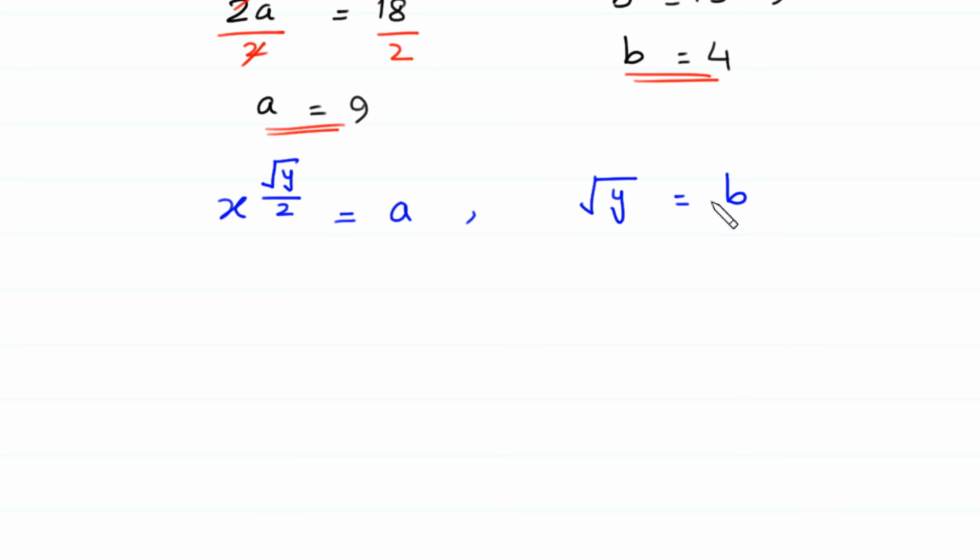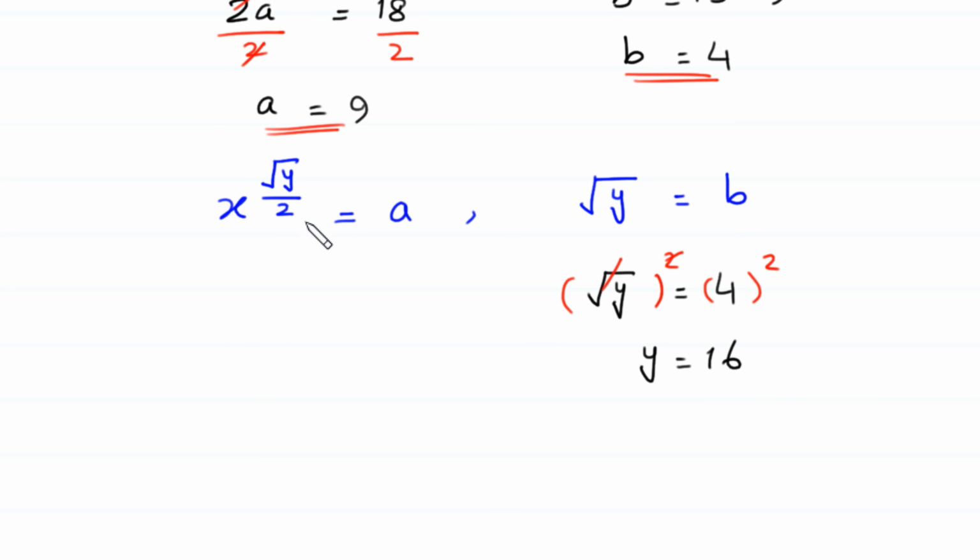First, in this equation we put the value of b, 4. Square root of y is equal to 4. Now to find the value of y, we take the square of both sides. This square will be cancelled with this square root, and y is equal to the square of 4, which is 16.